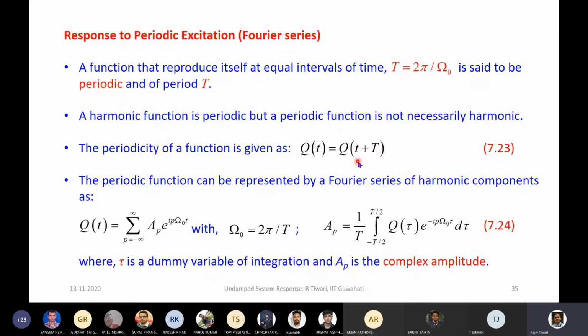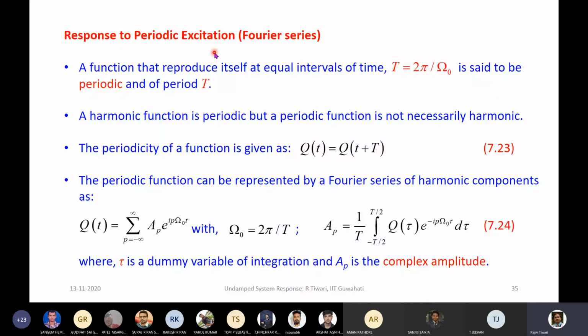Like, I can give the example of, let us say, a reciprocating engine. So there, if it is 2-stroke or 4-stroke, we expect that whatever the force is there, that will repeat in that particular cycle. So that is one example for the periodic force in the system. And the fundamental frequency of that particular force can be obtained using this.